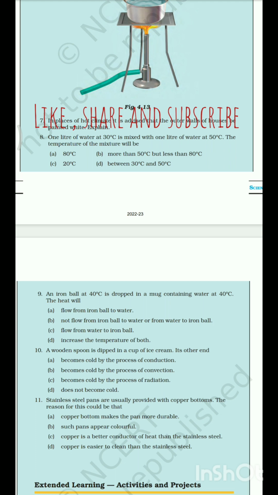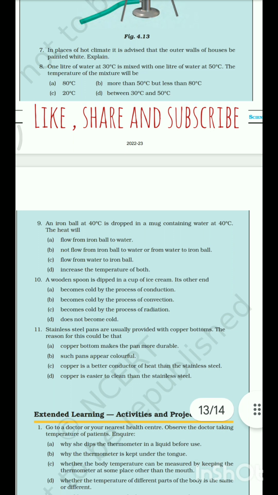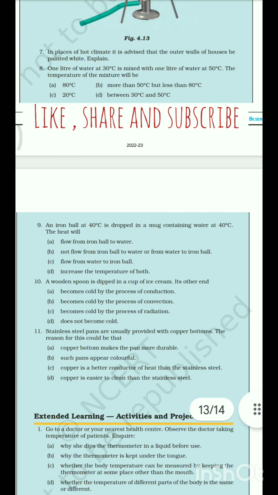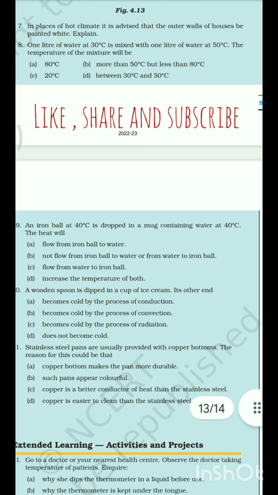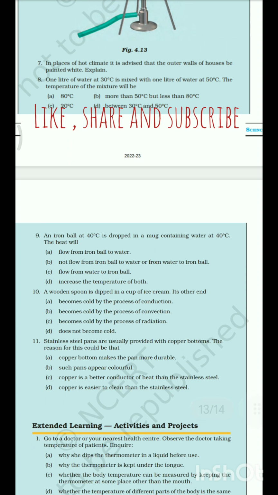The heat will flow from iron ball to water, not flow from iron ball to water, or from water to iron ball. These four I will discuss in a short video.